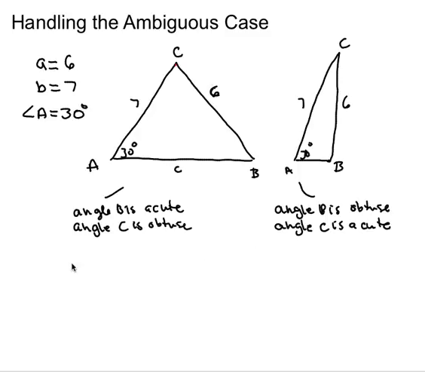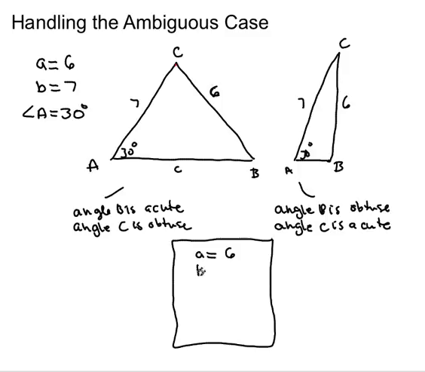Let's think about what we have so far. I'm going to put in the middle here what we have, and when we solve them, I'll move the information to the middle. We know that A is 6. We know that B is 7. We don't know what C is, but I'm going to get two different answers for C, because C is going to be a really small length or a large length.